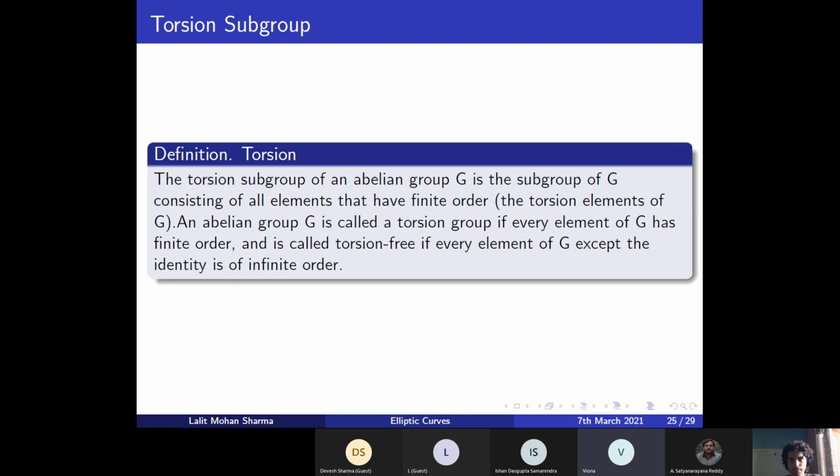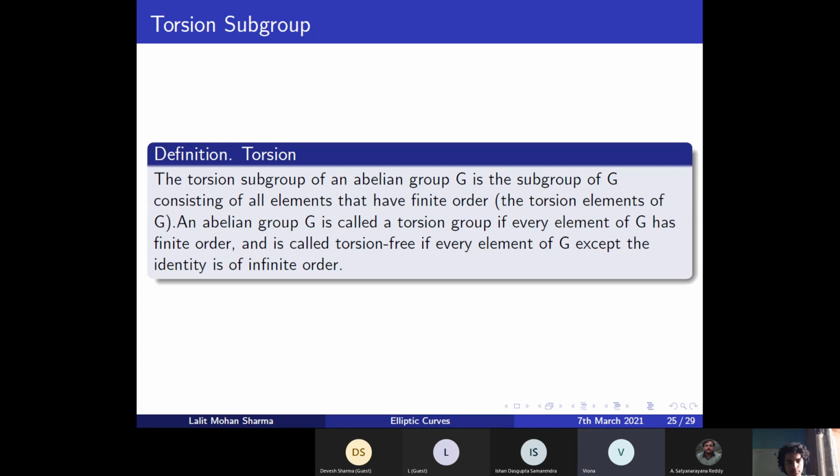Okay, I'll try. So the identity is there. It has order 1. Then if you take any two elements A and B, and suppose A has order M and B has order N, then I claim that AB raised to M plus N should be the identity, because it is an abelian group.